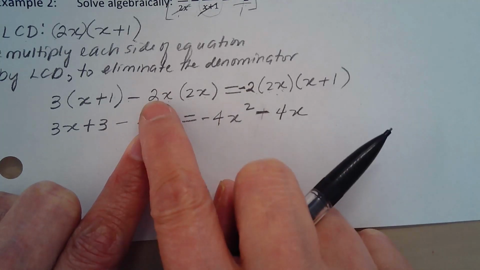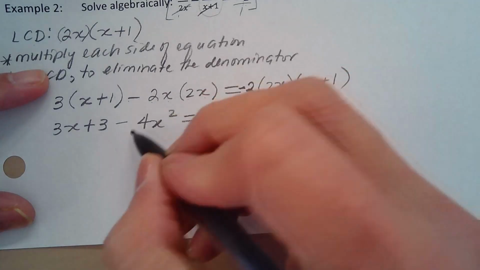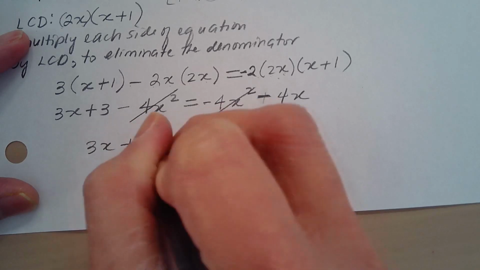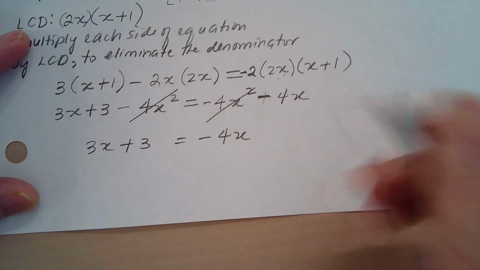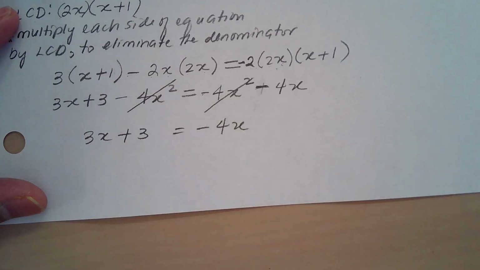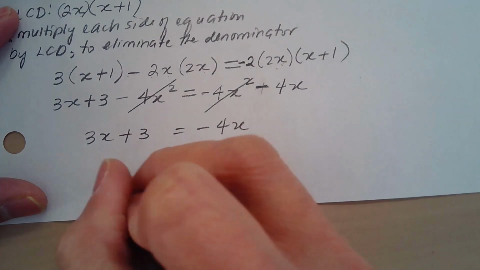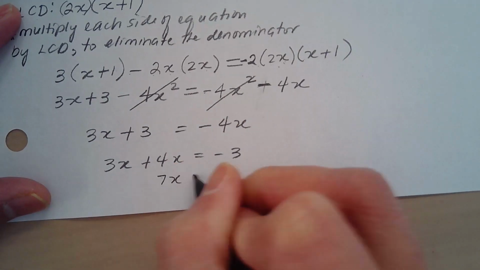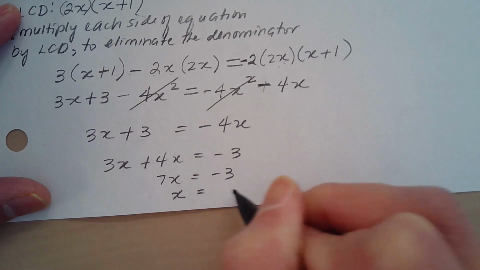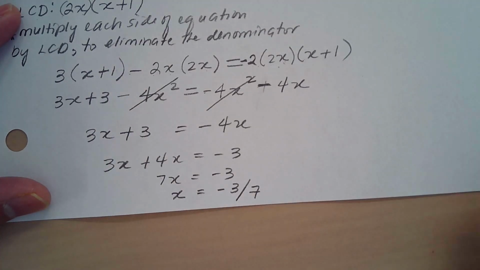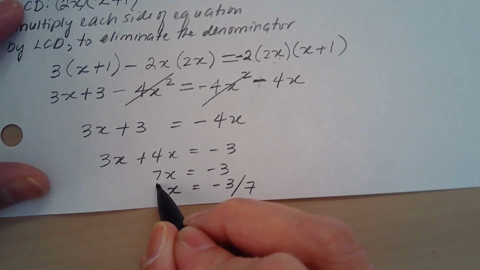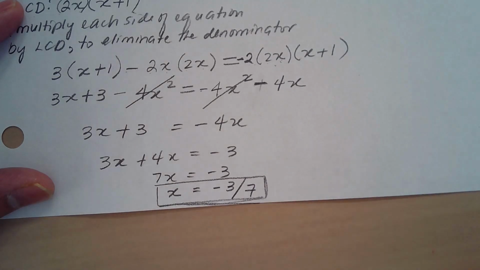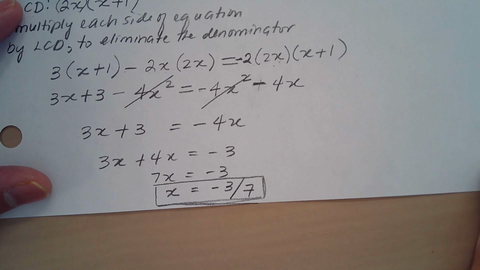If I bring this to the other side, they will cancel, so that's great. And then it looks like we're only left with 3x plus 3 equals negative 4x. Looks like it's just going to be a linear equation. So 3x plus 4x equals negative 3. So 7x equals negative 3. Therefore, x equals negative 3 over 7. So the answer is negative 3 over 7.